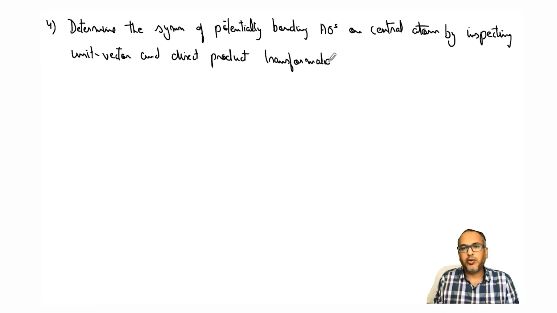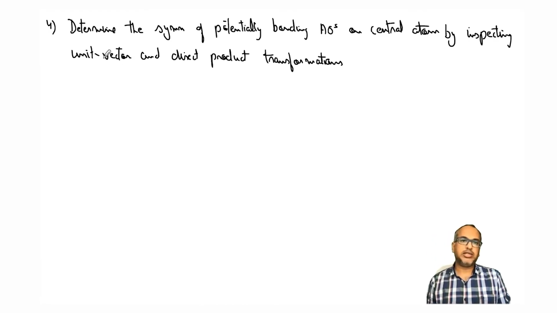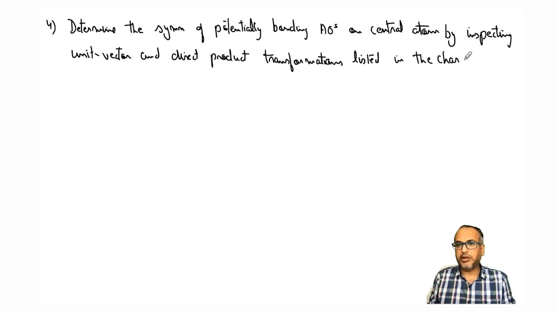For example, if you are looking at the symmetry of the px orbital, then you have to see the symmetry of the x unit vector transformation. And if you are looking for a d orbital symmetry, then the corresponding direct product, such as xy, has to be taken into consideration, right? This is of course listed in the character table.